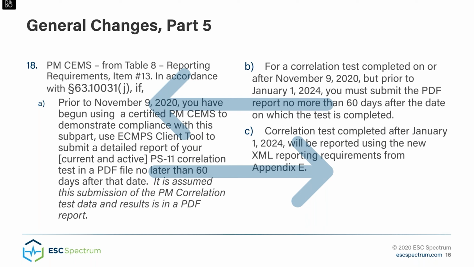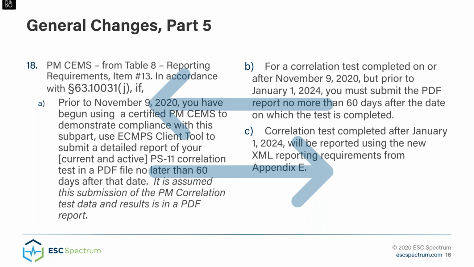It says that prior to November 9 of 2020, if you began using certified PM CEMS systems, if you haven't done so already, you need to submit within 60 days of November 9th, 2020, a copy of that certification package that you developed so that you could use the PM CEMS.